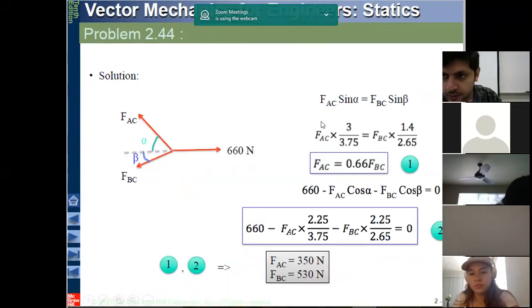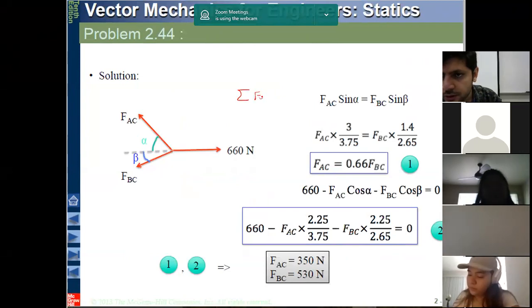So the first equation that we can write is sigma Fy equal to 0, which gives this in the y direction. We only have the projections of the cable forces because the third force is along the x direction.